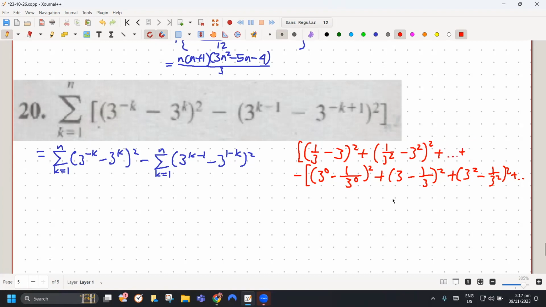Plus, kailangan ko po masulat ng end. So, yung end nito is 1/3n minus 3n squared.